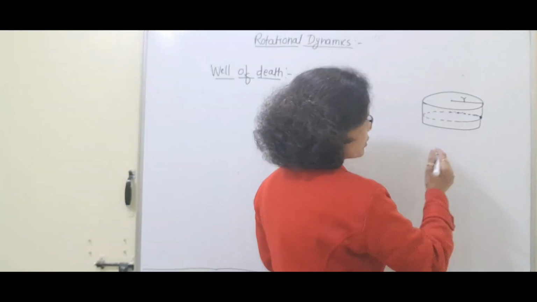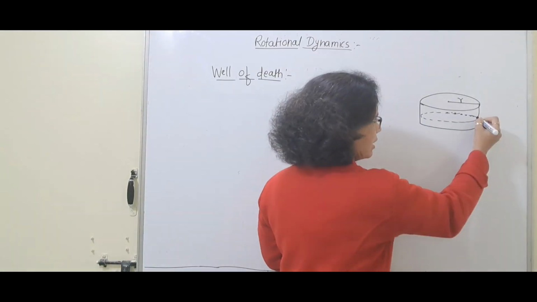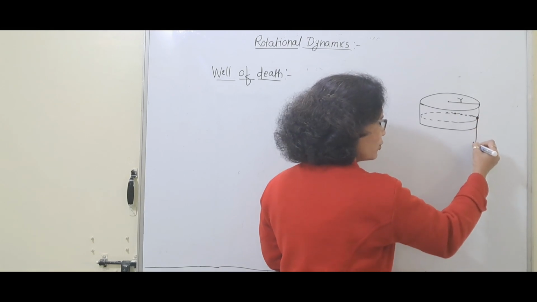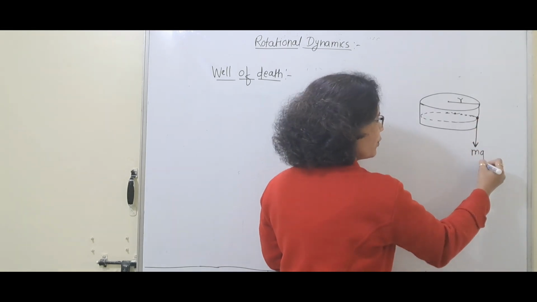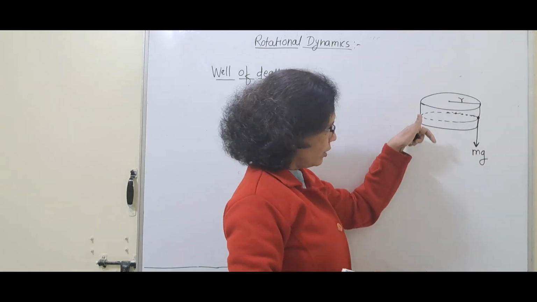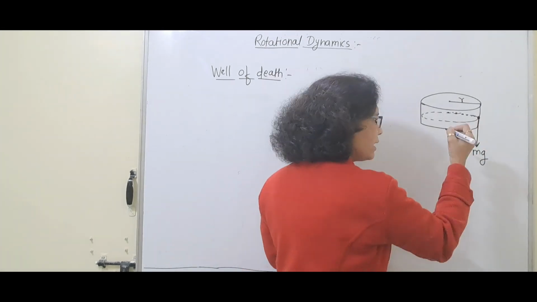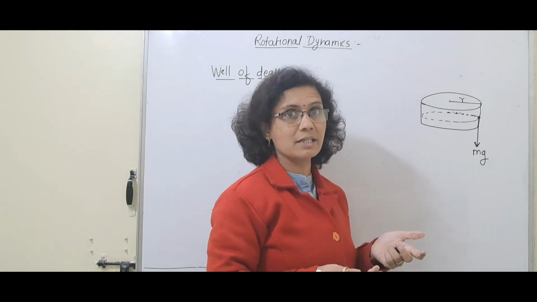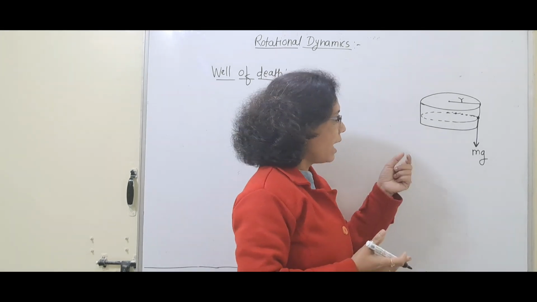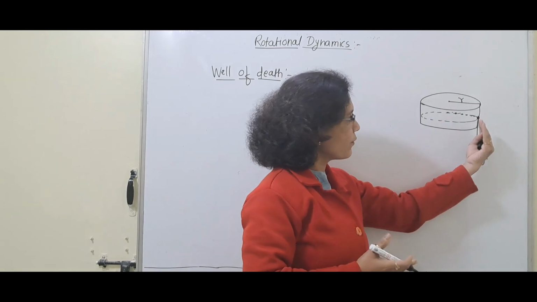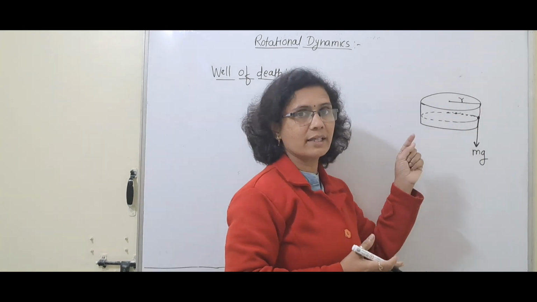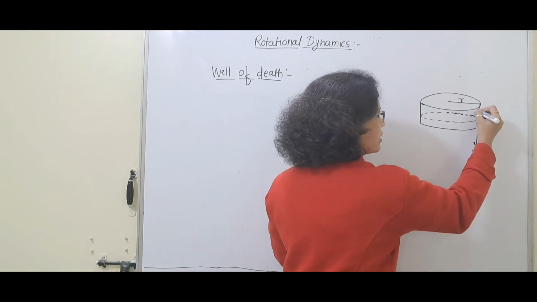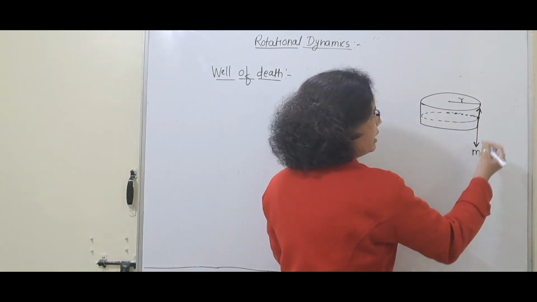Then which are the forces acting on this motorcyclist? One force is always acting downward, that is the weight force mg. And the force which is balancing this weight force mg is the static friction between the surface of the wall and the tires of the motorcycle, that is the force of static friction, which will be in the upward direction.